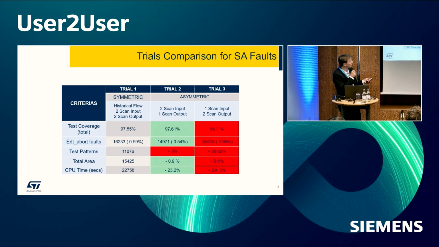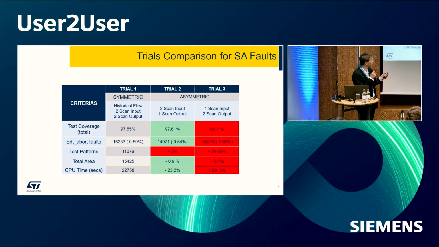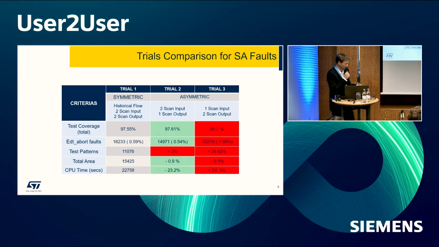But the ATPG engine in this case did a better job with just 1-channel out compared to the symmetric implementation in the end. So it's always worth trying different EDT configurations, at least if you are really sensitive to area and test coverage.